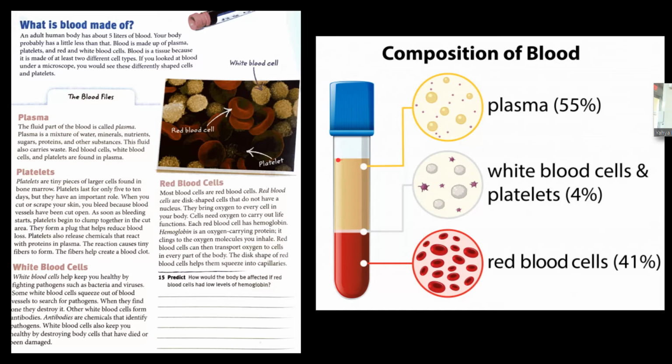So over here on the top, right, about 55%, right, so a little bit more than half of the blood is something called plasma, right? So what is plasma? Plasma is basically, to kind of simplify it, just a liquid portion without the cells, right? So this liquid contains mostly water.